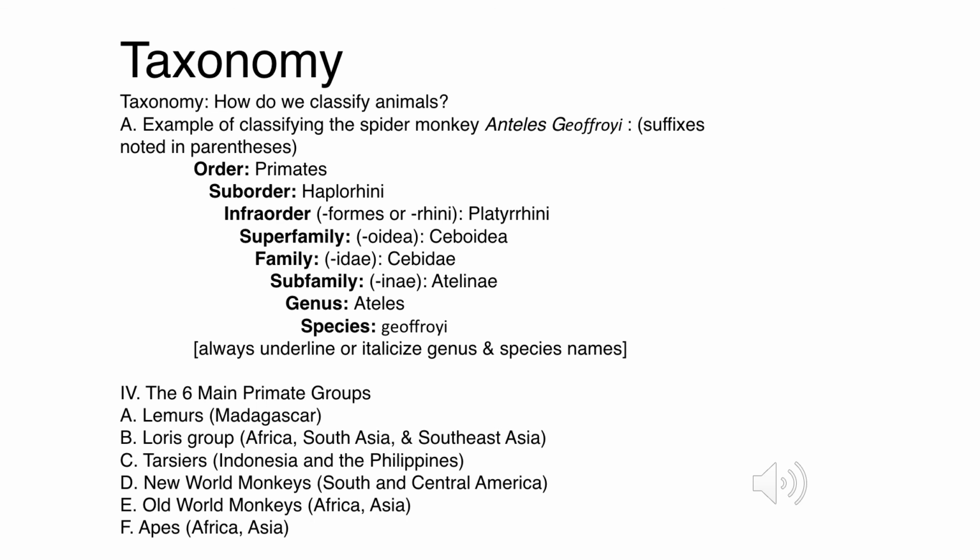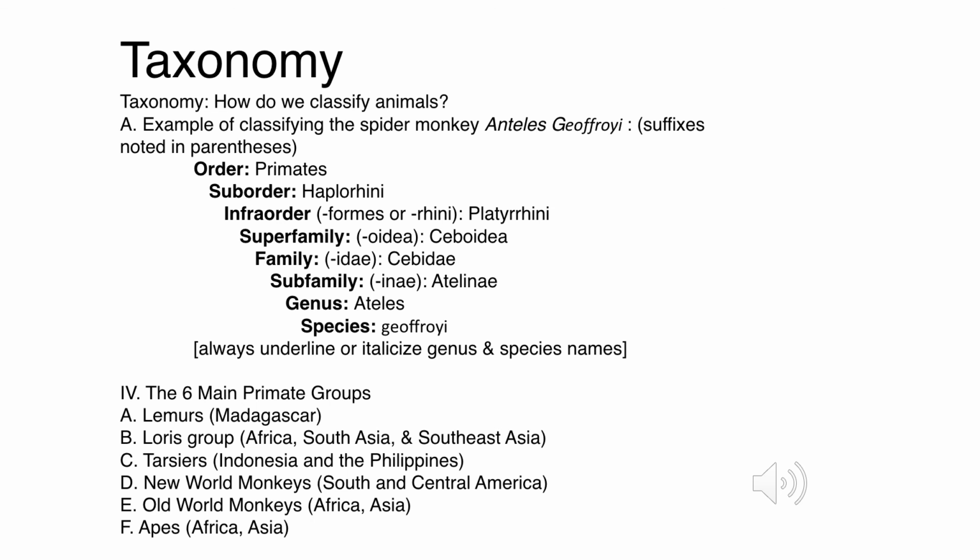Atelinae, sorry. This is where it starts to get confusing. Your superfamilies end in oidea, your families end in idae, and your subfamilies end in inae. So we're looking for Atelinae under subfamily. Okay, everybody's found that.